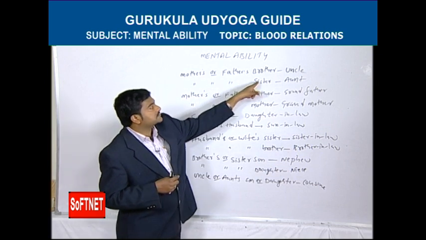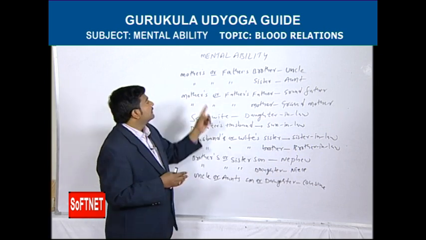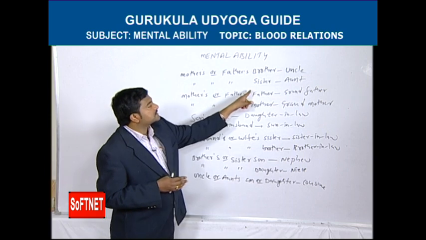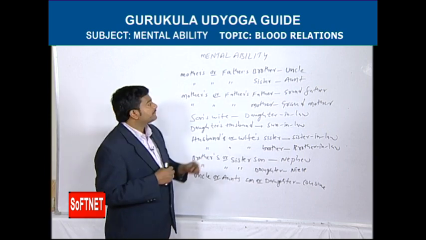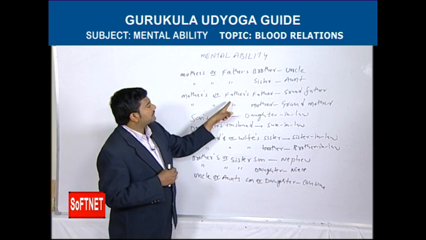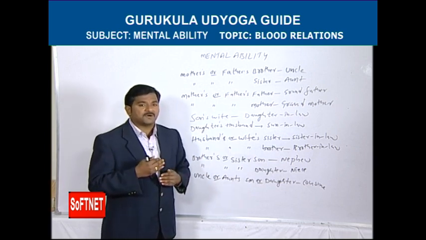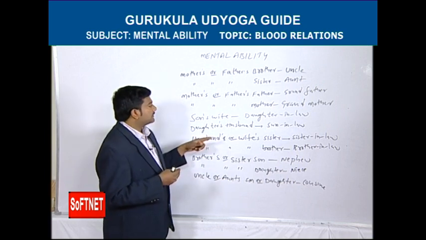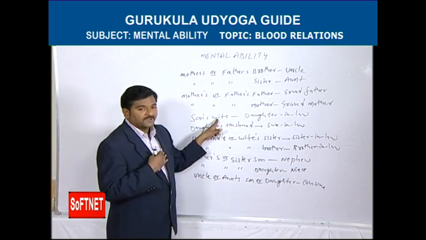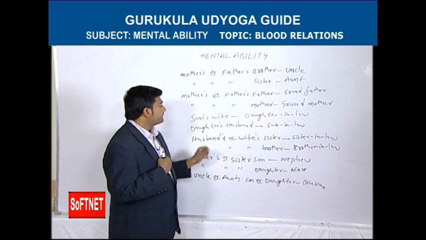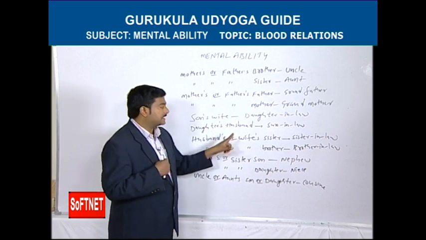Mother's or father's brother, we can call it as uncle. Mother's or father's sister, we can call it as aunt. And third one is mother's or father's father, so simply grandfather, or mother's or father's mother, grandmother we can call. Similarly son's wife, my son's wife, daughter-in-law, my daughter's husband, son-in-law.